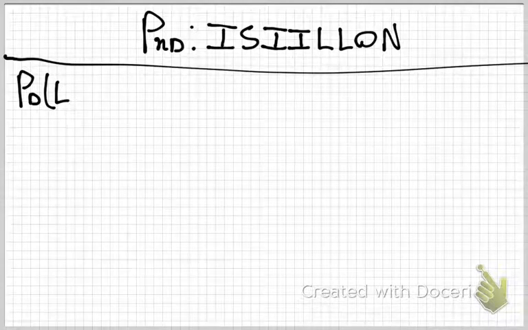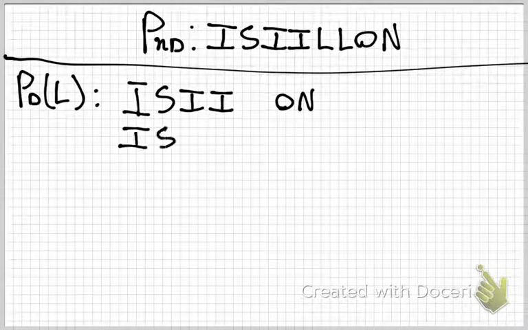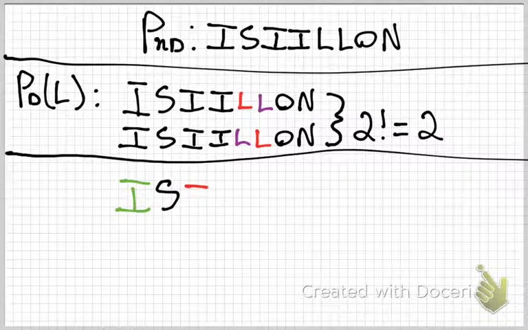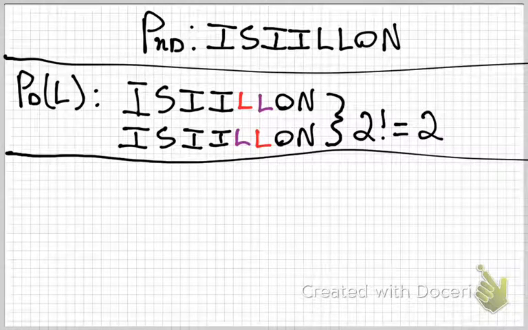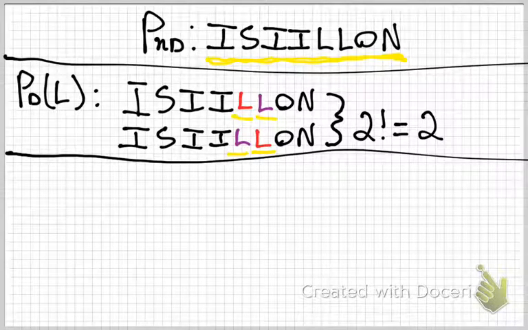There are 2 L's there, and we get 2 factorial, which is equal to 2. We get 2 factorial different permutations when we suddenly distinguish between L's. So this one permutation, in which we are not distinguishing between alike letters, produces 2 factorial permutations when we begin to distinguish between L's.